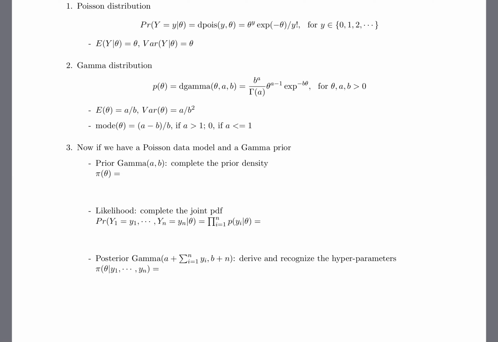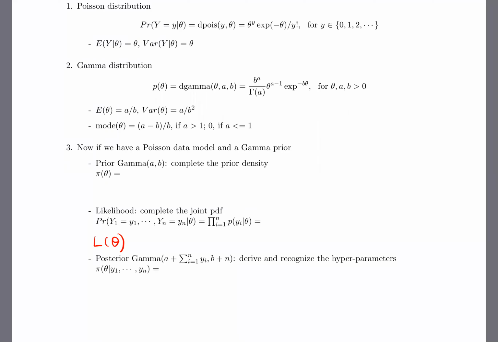So again, we assume you observe a sequence of counts, okay? And then each is IID from the same Poisson theta. So you should be able to write the joint PDF and then write it in terms of theta, which will be the likelihood.